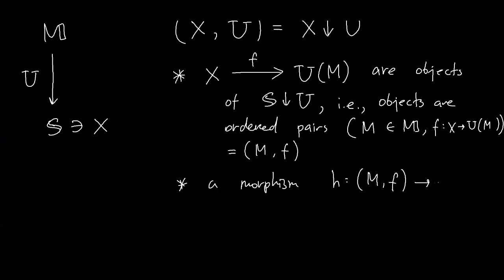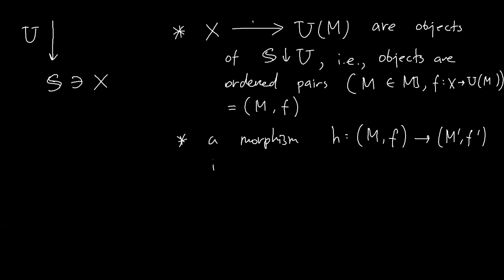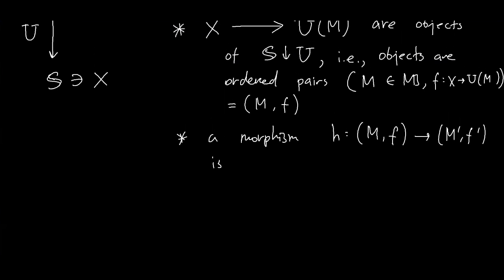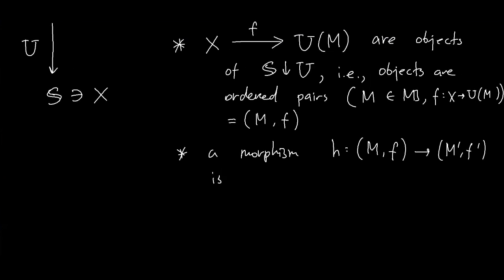From M, F to M prime, F prime. Maybe you can help me here to define what a morphism should be after I draw a diagram that will be suggestive to what it should be.